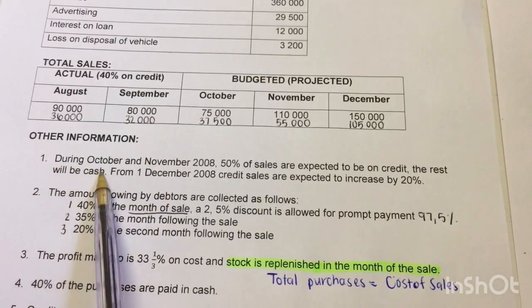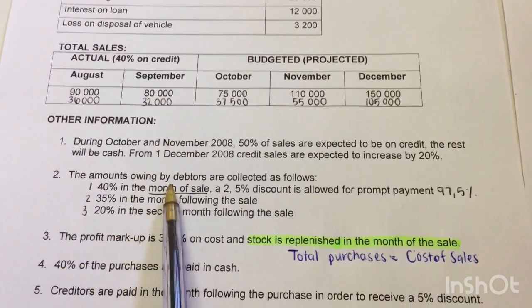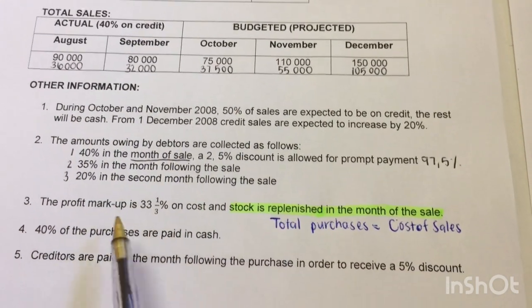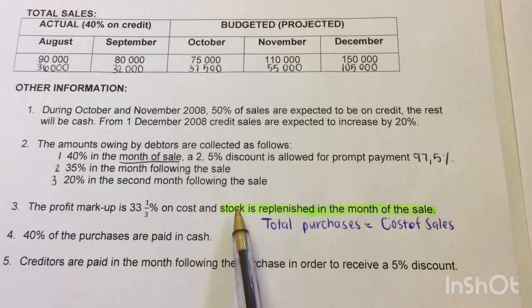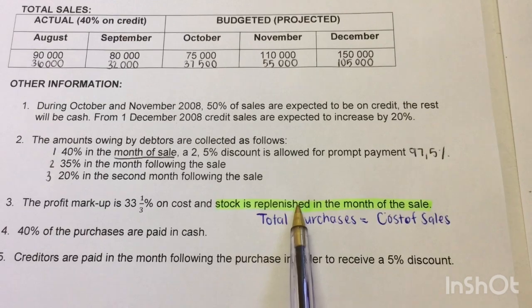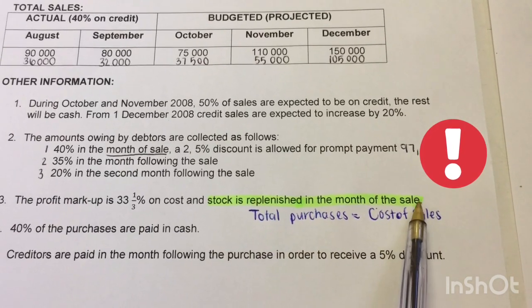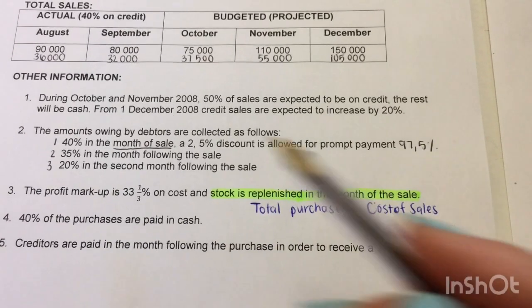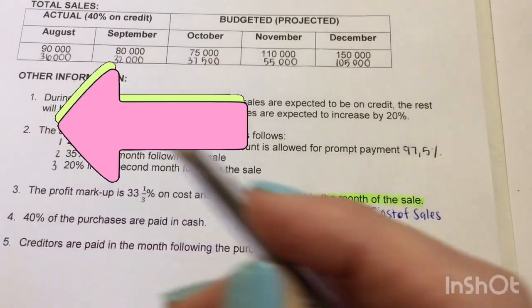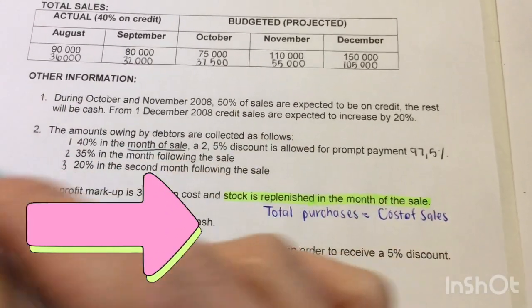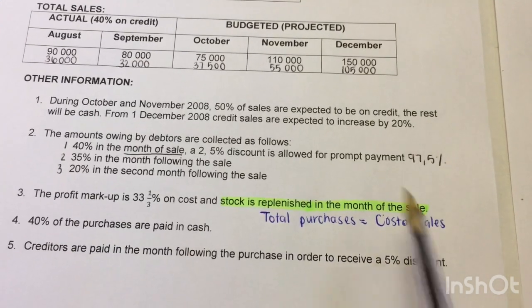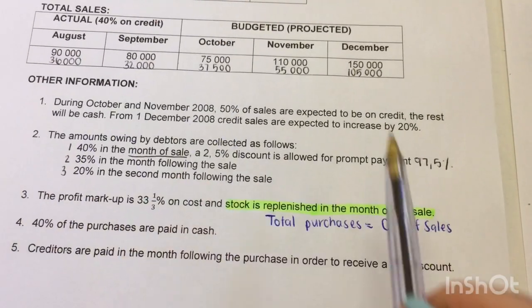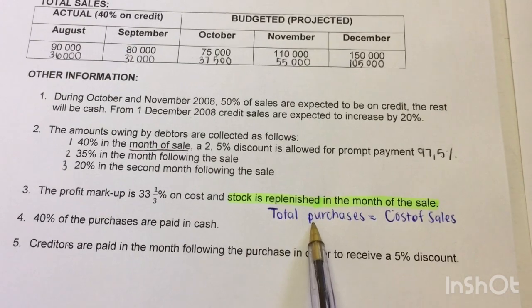I already used number 1 and number 2 for my debtors collection. Then I went down to number 3, and I saw they gave me the profit markup, but then stock is replenished in the month of the sale. That means what goes out must come in again. What I sold must come back. Cost of sales, what went out, must be bought again. Total purchases.